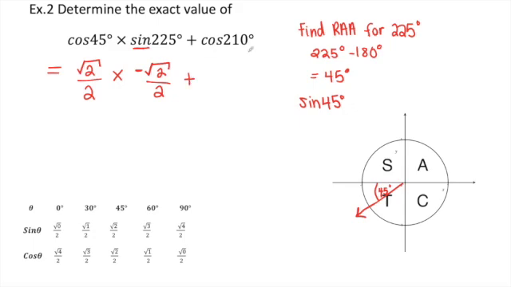And then cos of 210, again, find that RAA for 210 degrees. You're going to do 210 minus that 180, which is equal to 30. So you're going to find the cosine of 30 degrees, which is root 3 all over 2.